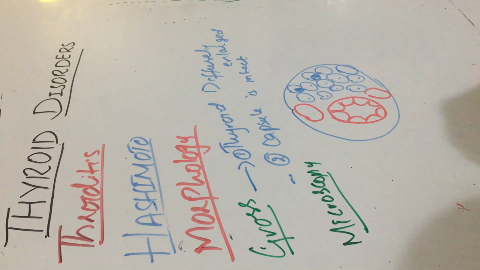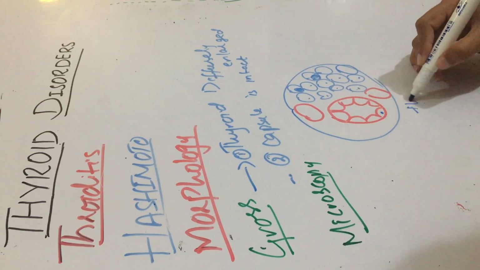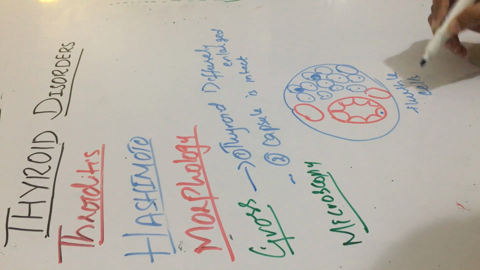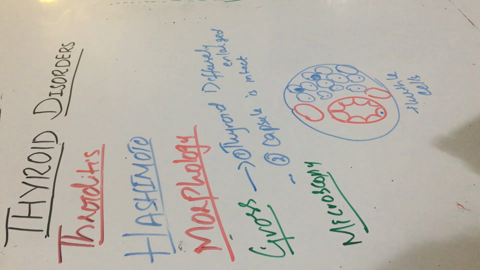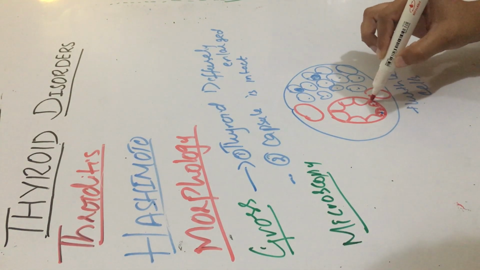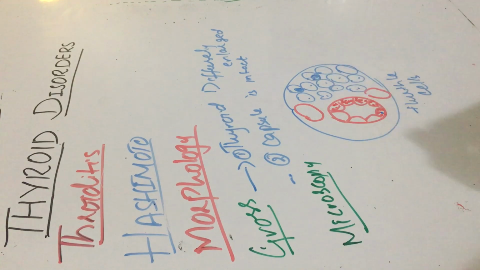In Hashimoto thyroiditis, these low cuboidal epithelial cells would be replaced by cells which are known as Hurthle cells. The cytoplasm of the Hurthle cells is eosinophilic and finely granular. So the follicles would be lined by epithelial cells which are called Hurthle cells.